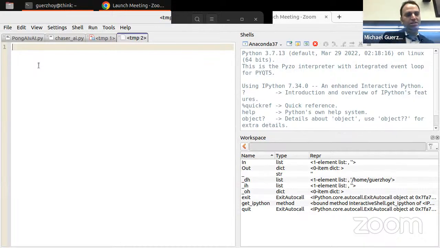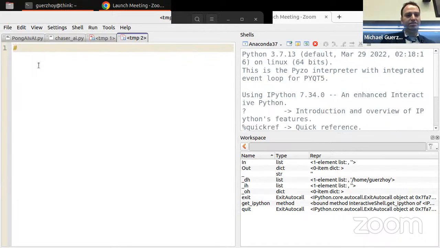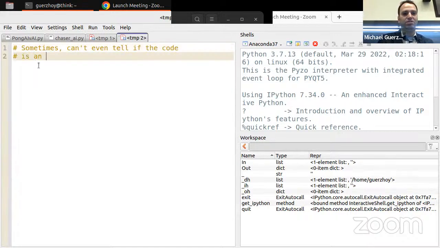The point I want to make here is that sometimes you can't even tell if the code is an infinite loop. And if you can't tell whether it's an infinite loop or not, obviously you don't know the computational complexity, because maybe it's an infinite loop, so it doesn't even terminate.